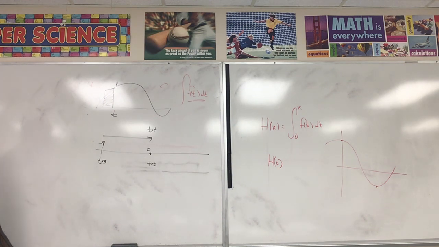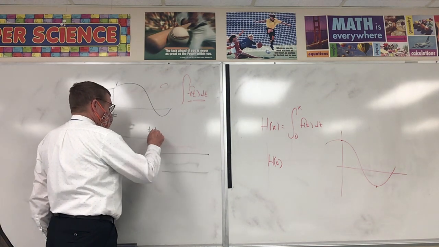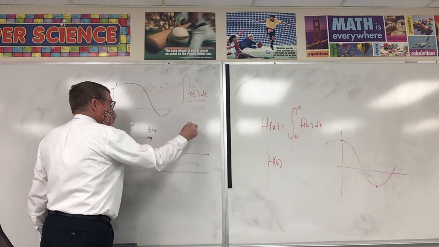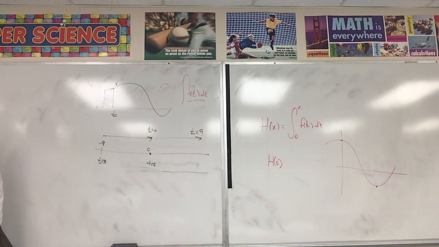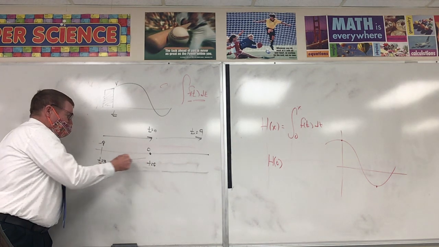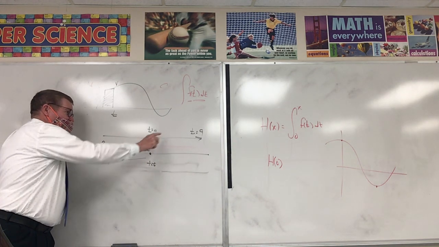So from 3 to 9, which direction am I moving? I'm going in the positive direction, correct? T equals 6, t equals 9. I'm not sure where exactly I'm at. So I went this direction, and keep on going.